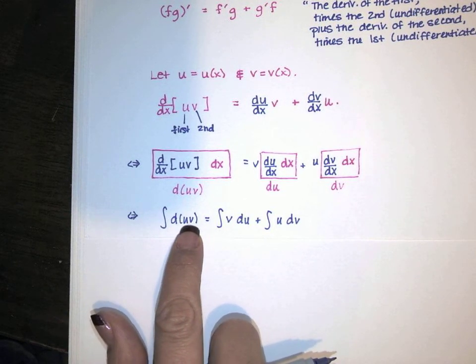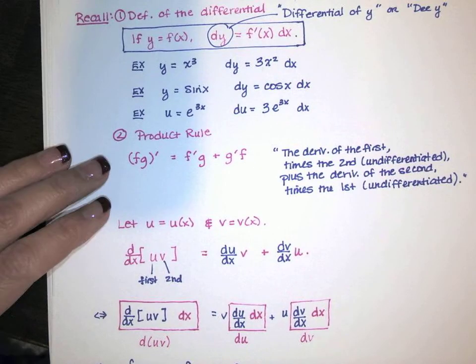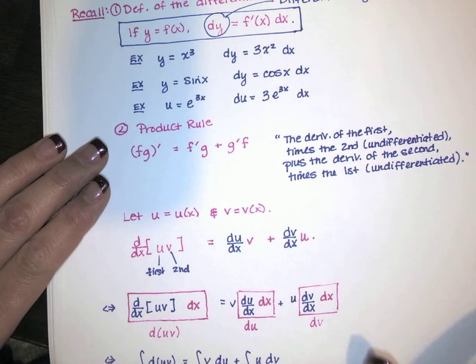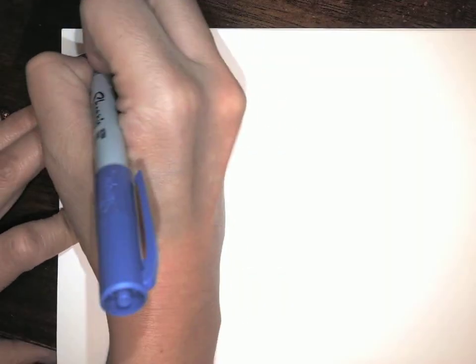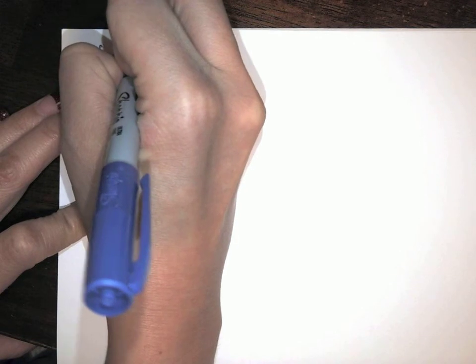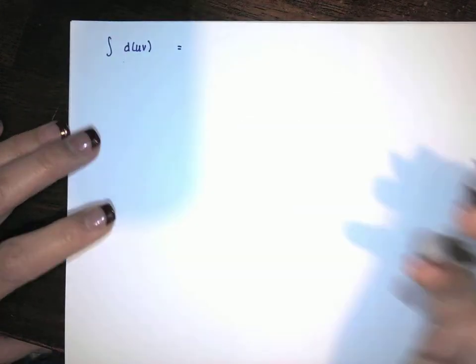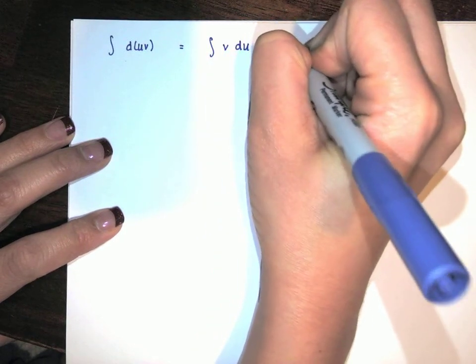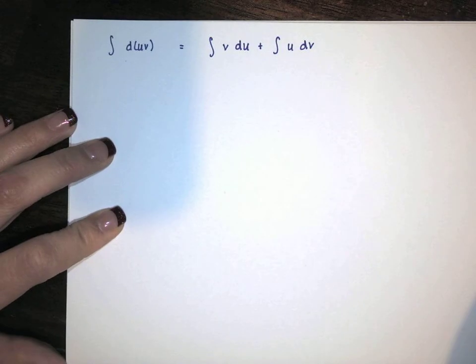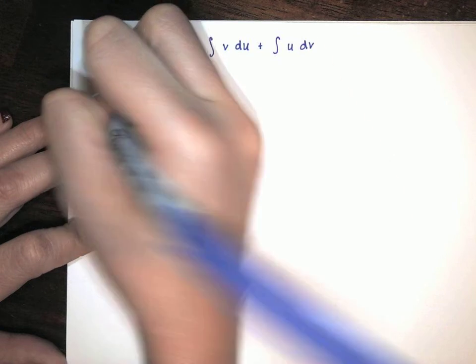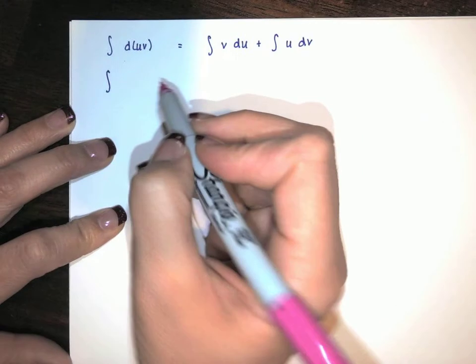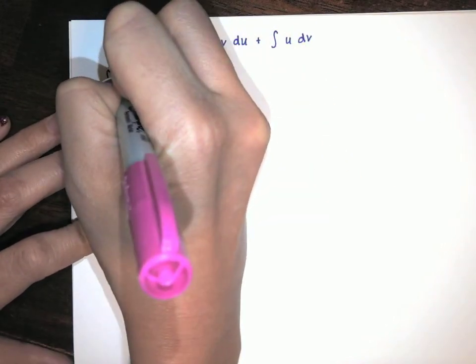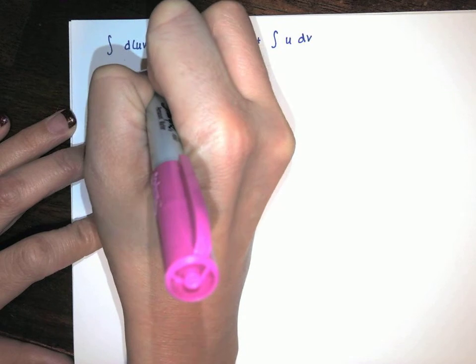Now, this first one is actually u times v. And it might be a little bit easier to see if I actually wrote it in this alternate notation. This differential of u times v is the derivative with respect to x of u times v times dx.